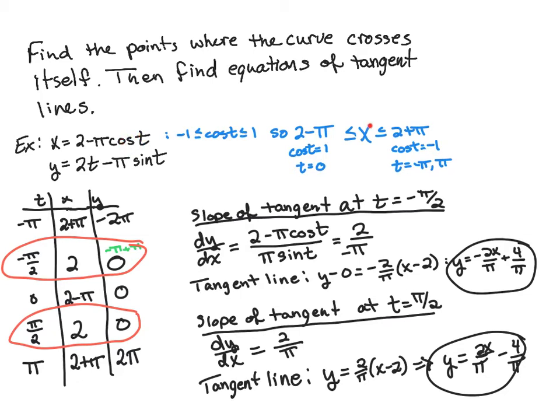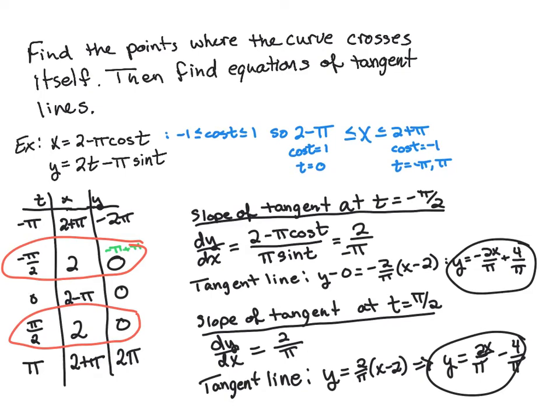Where the cosine is -1, that's 2 plus pi, which is the biggest x can ever be. And where the cosine is +1, you have 2 minus pi. So the smallest x value is at t equals 0, and the largest x values are at minus pi and plus pi. And we're going to just stay in that little area.